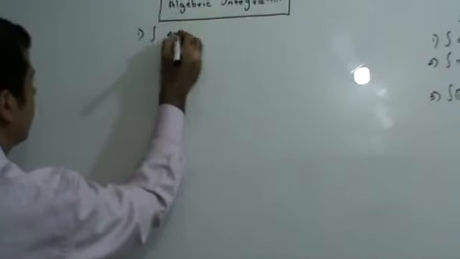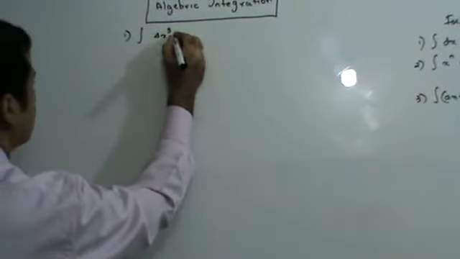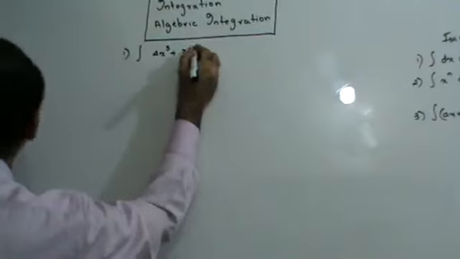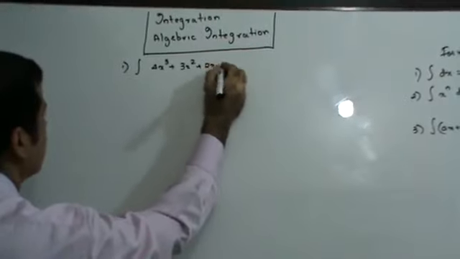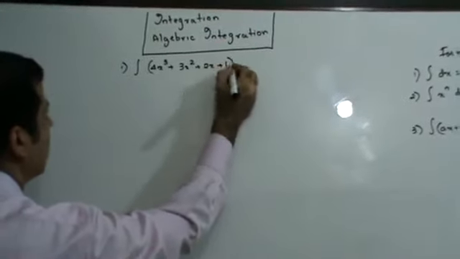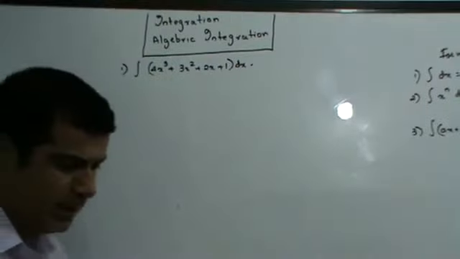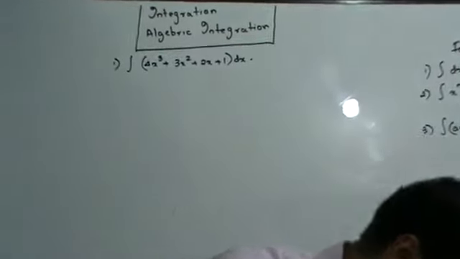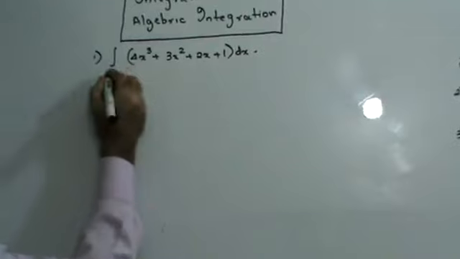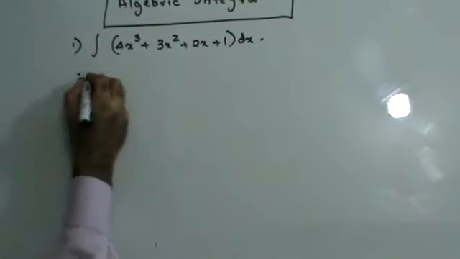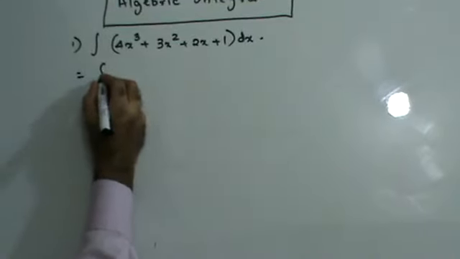Integral of 4x cube plus 3x square plus 2x plus 1 with respect to x. Right? Let's see how I do this sum. Open the bracket. When I open the bracket, the integral sign will be multiplied with all the terms.